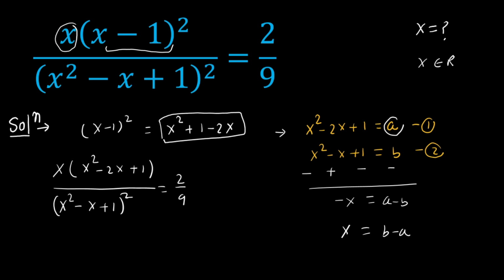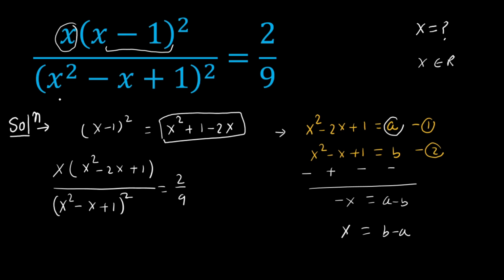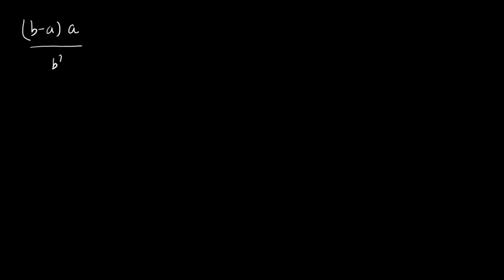So this expression is replaced by a, and divided by x square minus x plus 1, which is replaced by b, so b square, and this is equal to 2 over 9. Now this a is multiplied by b, then we get a times b minus a square, divided by b square, this is equal to 2 over 9.